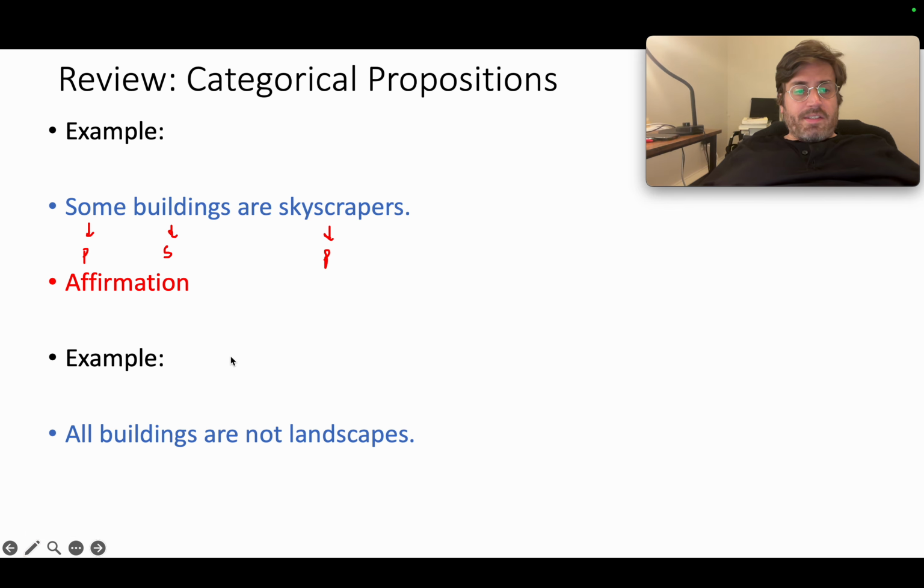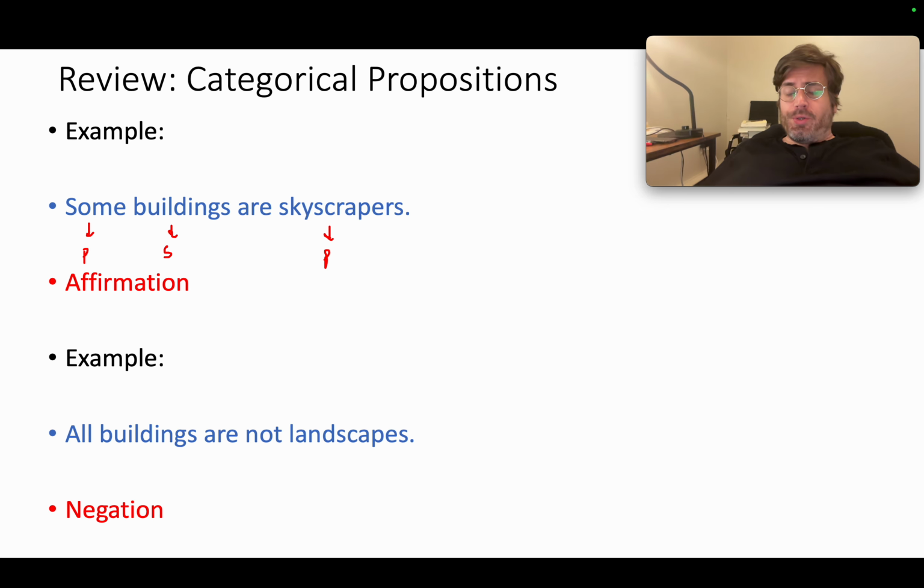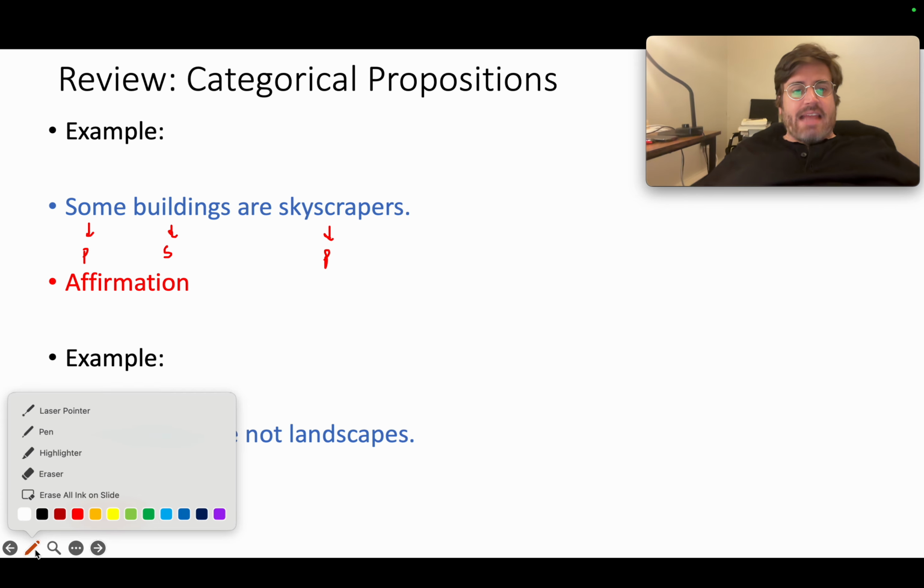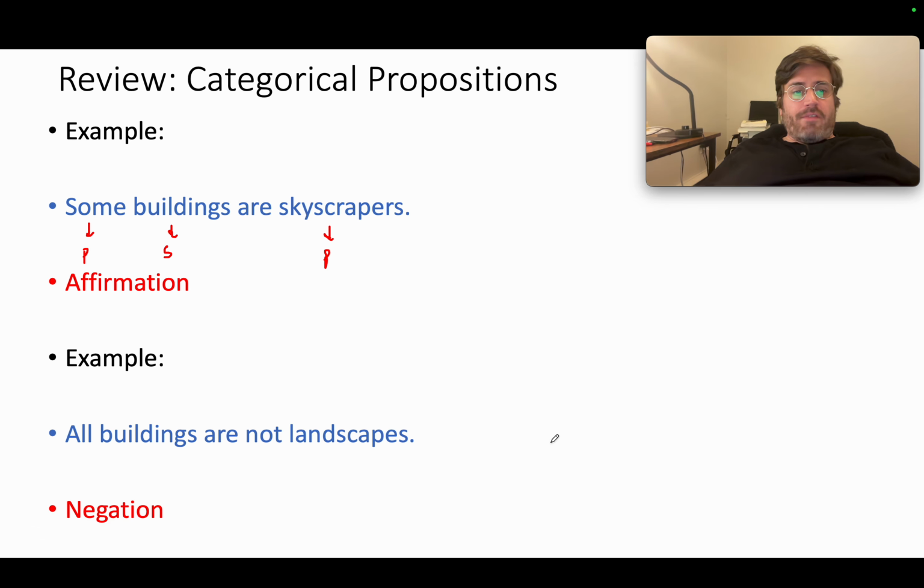How about this sentence? All buildings are not landscapes. This is a negative sentence. We're having total exclusion. Now, this is actually not in standard form. And the equivalent of this sentence is an E proposition. E proposition takes the form no SRP.